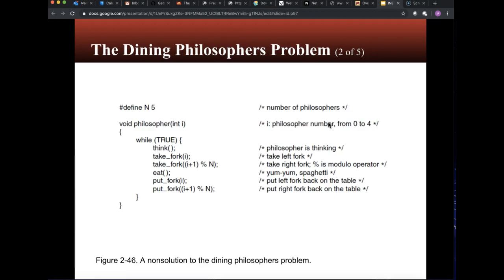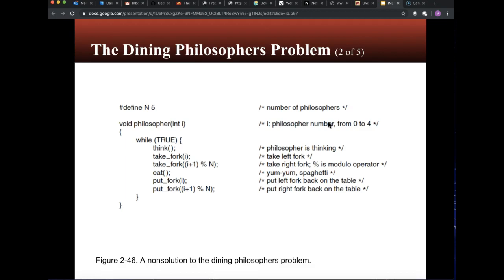So the idea is that when you're not eating, you're thinking. It's a little better than saying sleeping, which is what our processes do. As we go through the 5 philosophers, the 5 processes that are looking for food, CPU scheduling, I'm going to take my fork on my left, I'm going to take my fork on my right, or however you want to think about it.